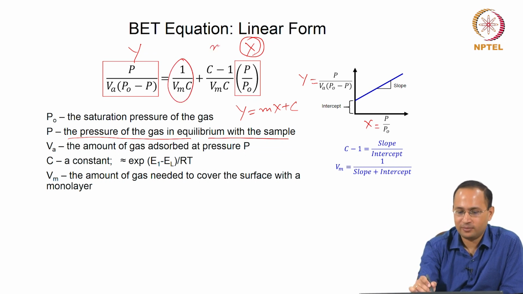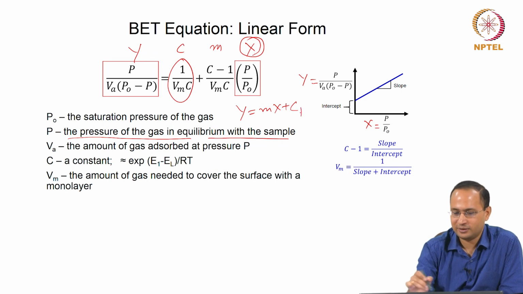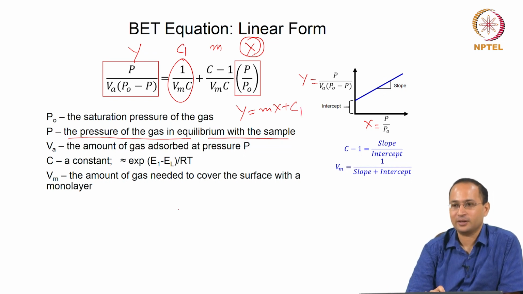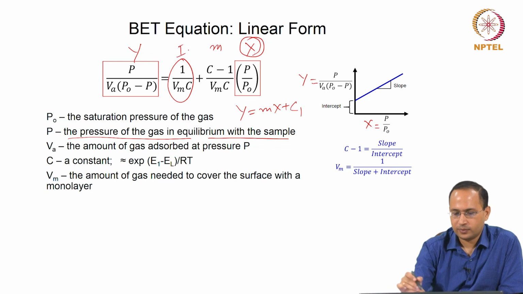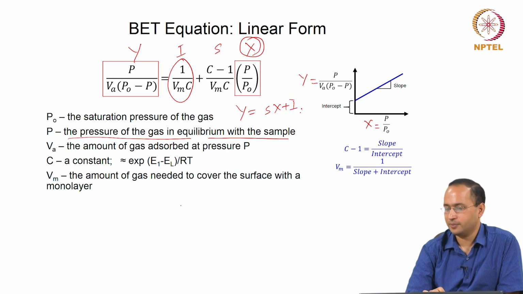So, this is your Vm, this is your C. Let us not confuse it: say intercept is I, and this is slope S. Slope and intercept.